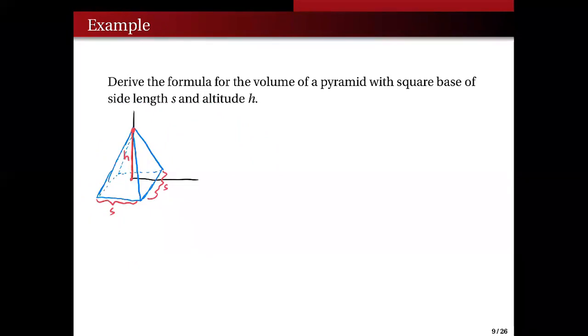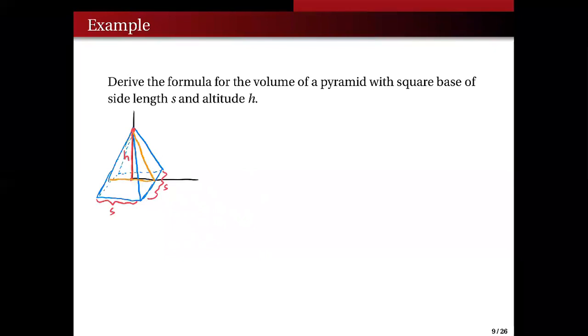Now, let us look at the two-dimensional view. What we're going to do is to look at this particular portion of the pyramid. This is on the side of that face, and this is the part of the floor.